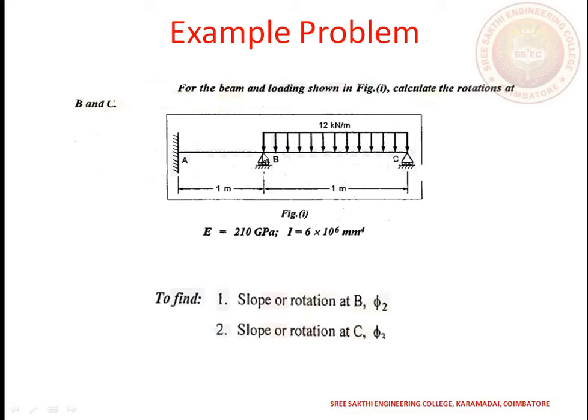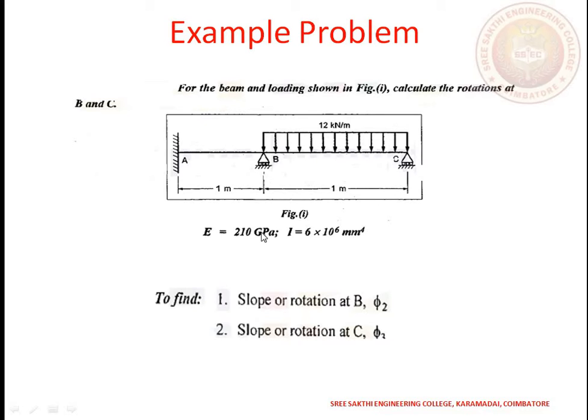It resists only in the y direction and can freely move in the x direction. Similarly C also can resist in the y direction but will move in x. Here it is applied only a 12 kilonewton uniform distributed load.